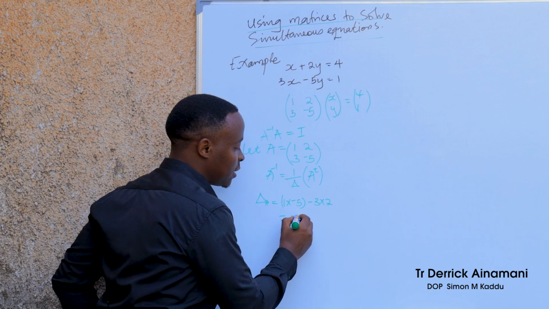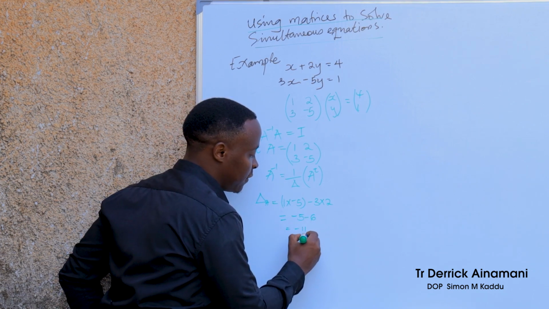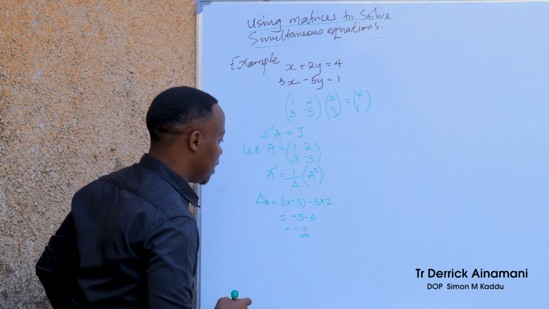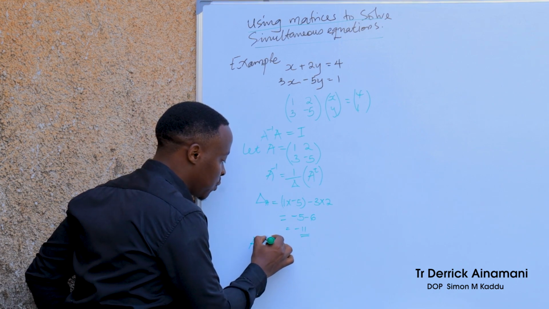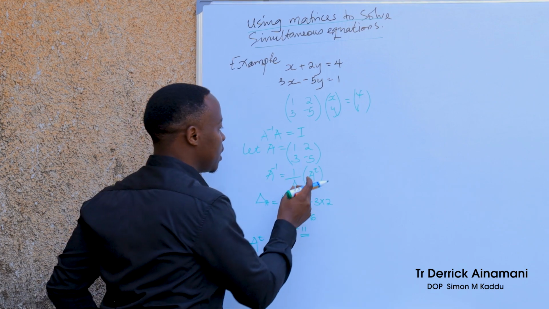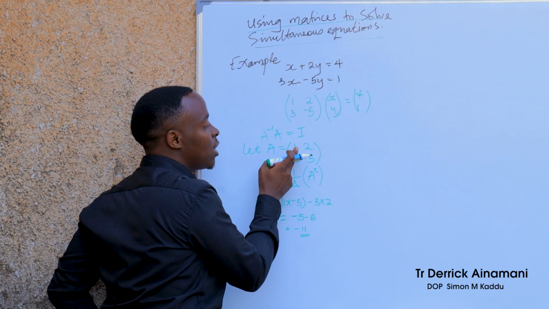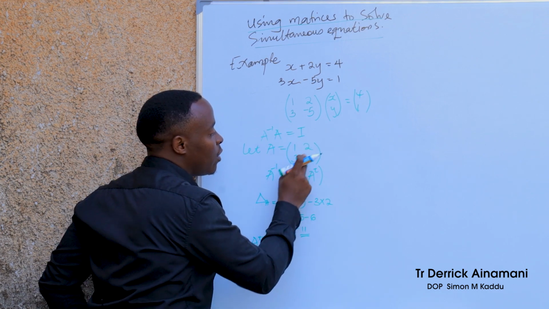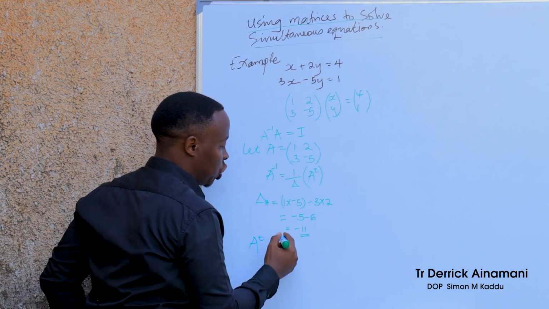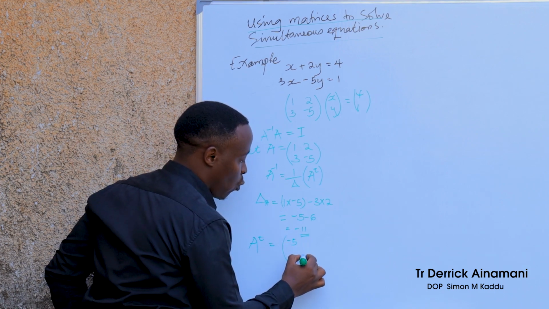So we shall have negative 5 minus 6. This will give us negative 11. This is our determinant. Then we find our adjoint or our transpose. So A transpose, like we said earlier, is we change the members of the leading diagonal and change the signs of the other diagonal. Here we shall have negative 5 and 1.